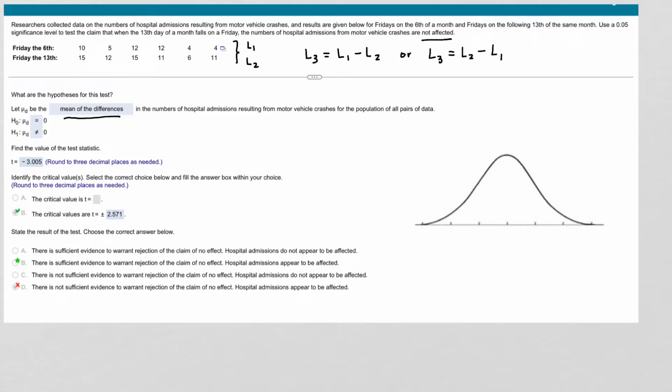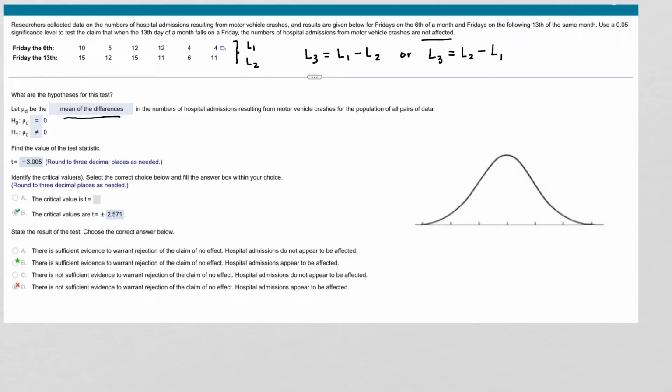They didn't give us any indication in this problem which way they wanted us to subtract, and it's a two-tail test, so you can really do it either way. And your test statistic will come out to the same value. It'll just be either positive or negative depending on the order in which you subtract those two lists.